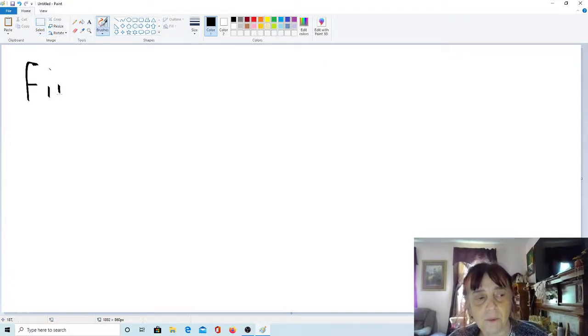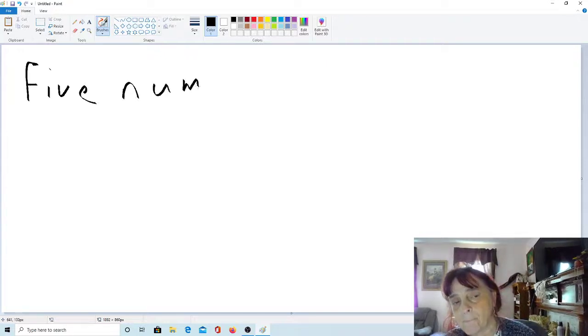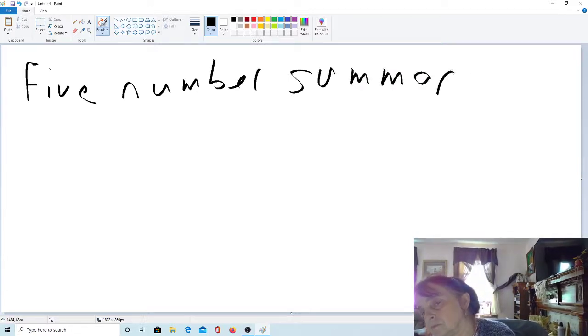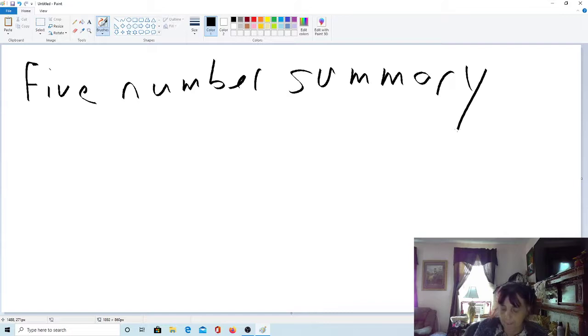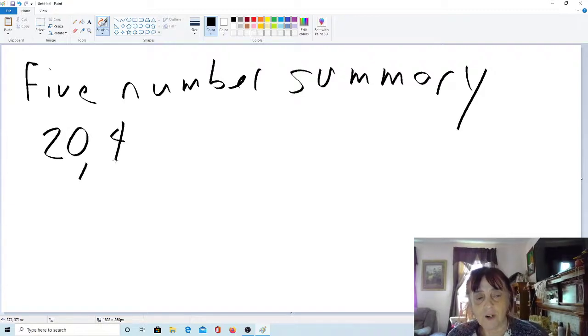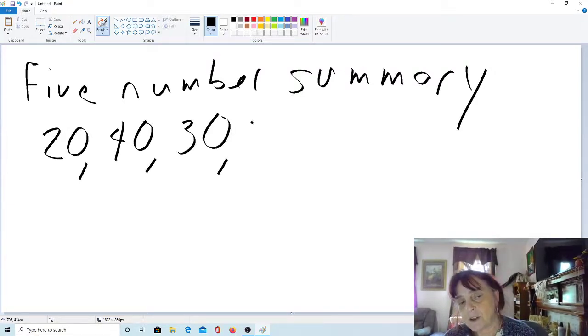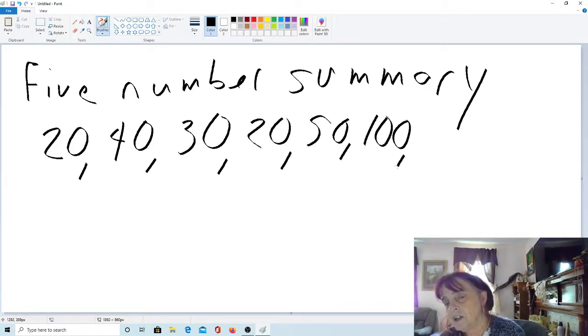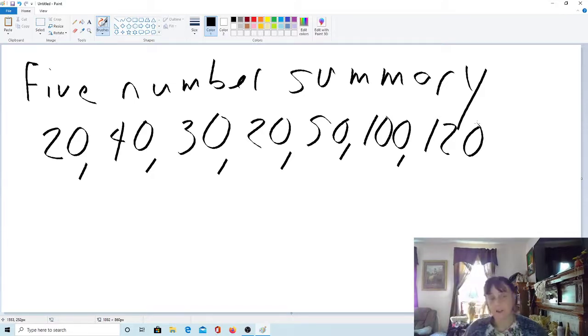Now the 5-number summary. Okay, so let's say you have numbers like 20, 40, 30, 20 again, 50, 100, and 120. For a 5-number summary, of course, we put them in numerical order.